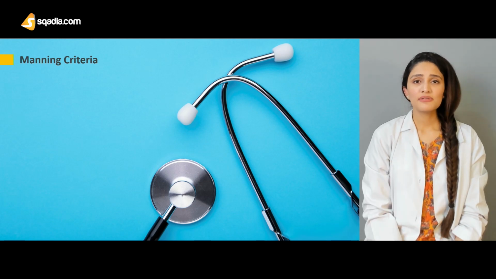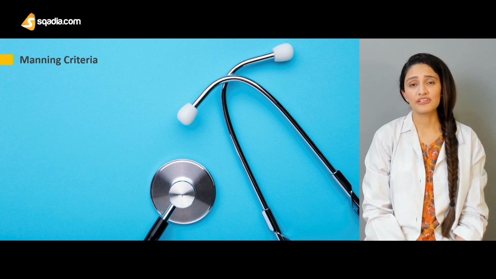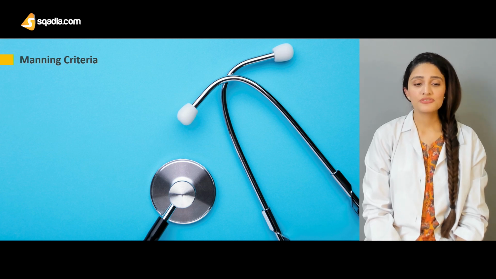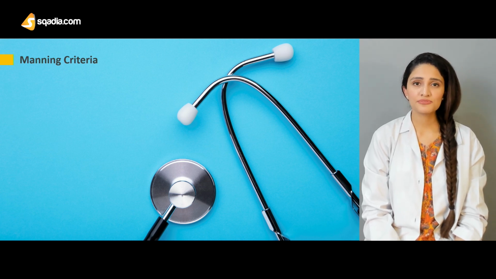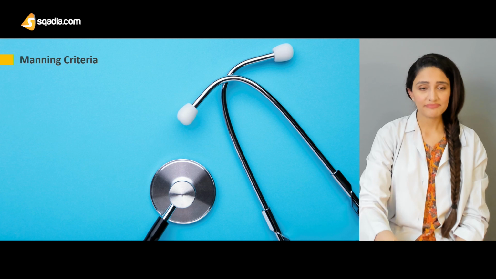And then if we talk about the criteria, I've mentioned one of the most important criteria, which is the Rome criteria, in the starting of the lecture. We have another criteria, which is the Manning criteria. Manning and associates first reported a set of symptoms that could help us in diagnosing irritable bowel syndrome.